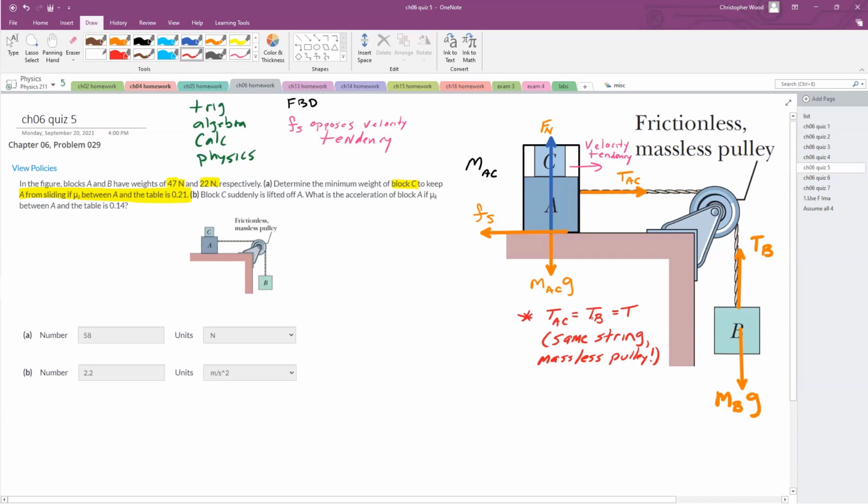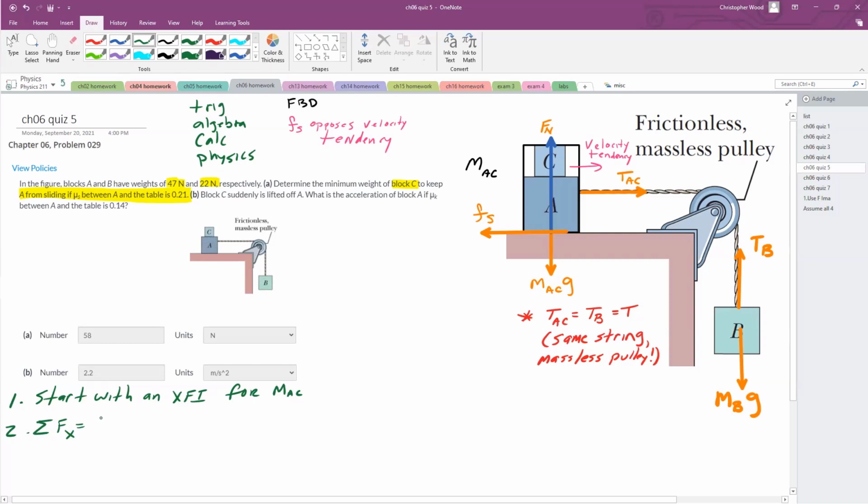Okay, we need to find the minimum weight of block C to keep things motionless. The minimum weight, not the minimum mass, the minimum weight. So let's start with an X-force inventory. Here it goes: the sum of all x dimension forces for MAC.